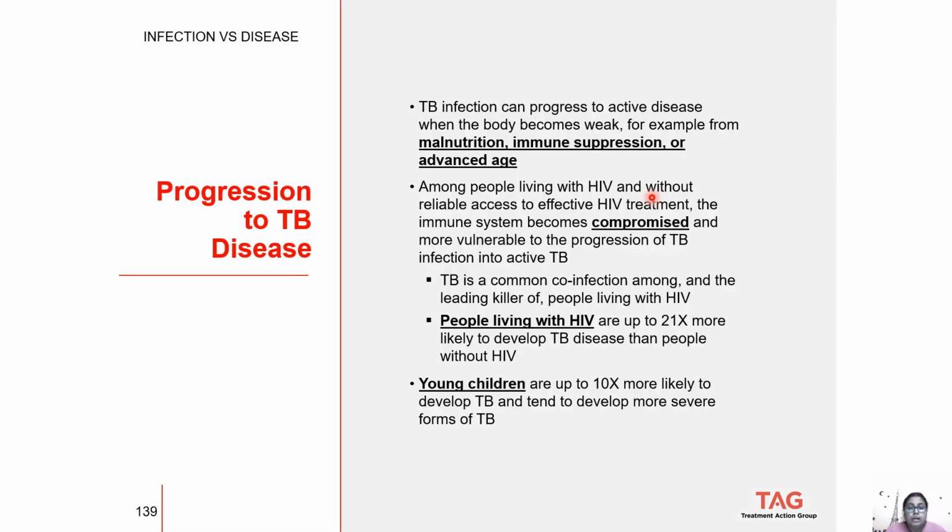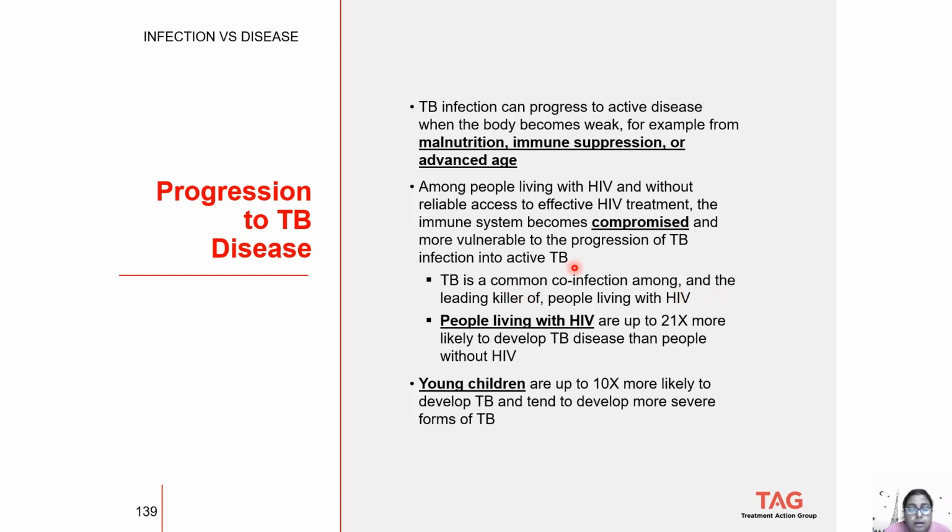So TB infection can progress to active disease when the body becomes weak, for example from malnutrition, immune suppression, or advanced age. Among people living with HIV and without reliable access to effective HIV treatment, the immune system becomes compromised and more vulnerable to the progression of TB infection into active TB. So TB is a very common co-infection of people living with HIV, because when you get HIV, your body becomes immune compromised, correct?